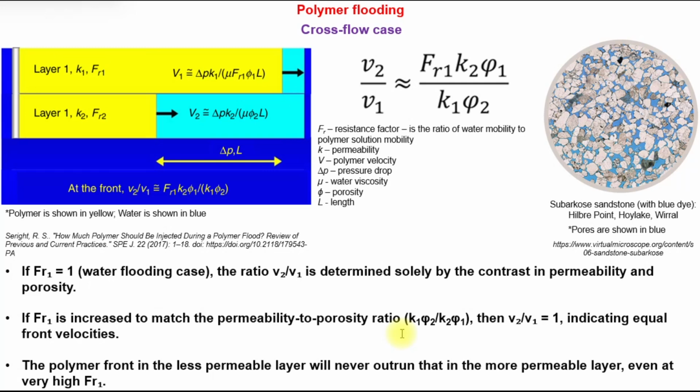The ratio becomes unity when the resistance factor is equal to this value, roughly equal to the permeability contrast between the layers, since porosity values usually do not differ that much. That is how we achieve a uniform displacement front in both layers. And this can significantly speed up oil recovery from layered reservoirs.